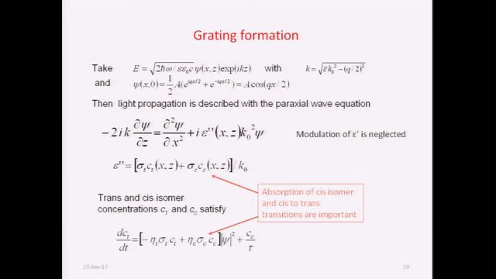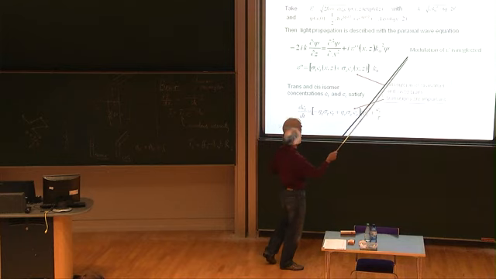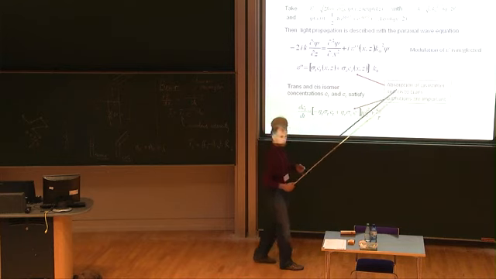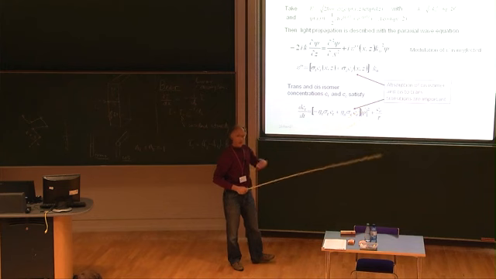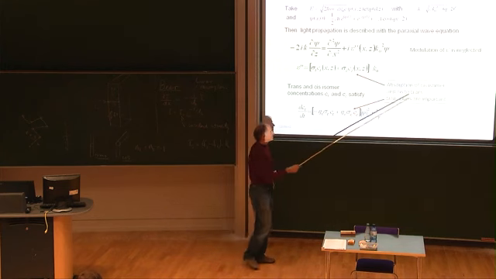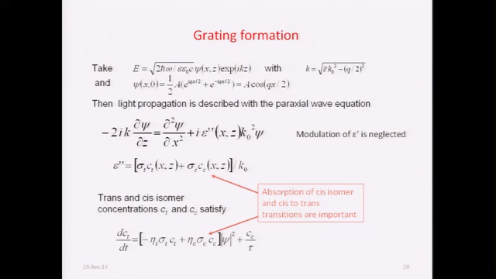Now, there is both a real part of the index of refraction, which is modulated, but it turns out that in our case, when writing a diffraction grating in azobenzene, this is nearly negligible. So I have only input here the imaginary part, the absorbing part of the dielectric function, which comes from the absorption of light on azobenzene.